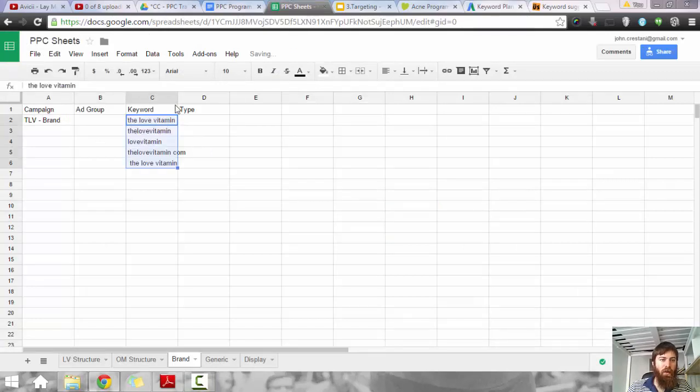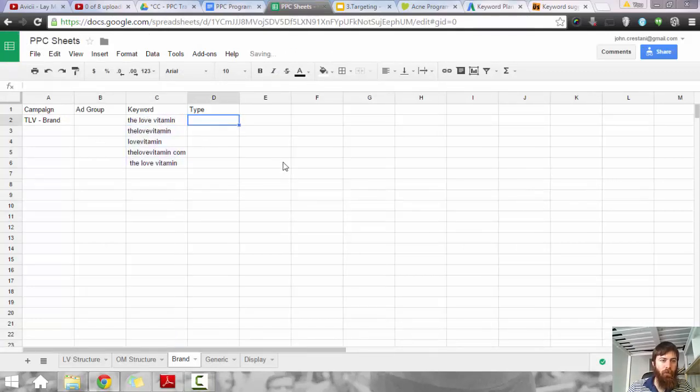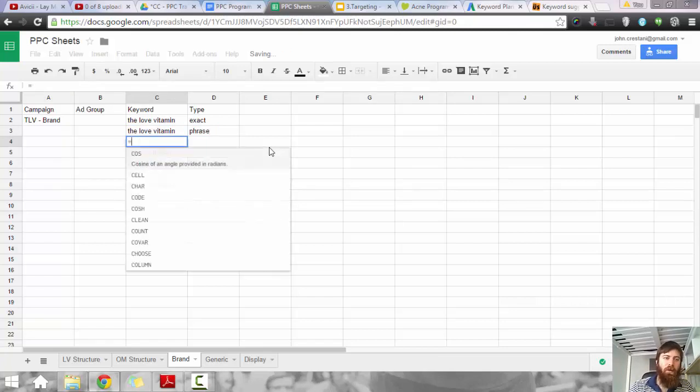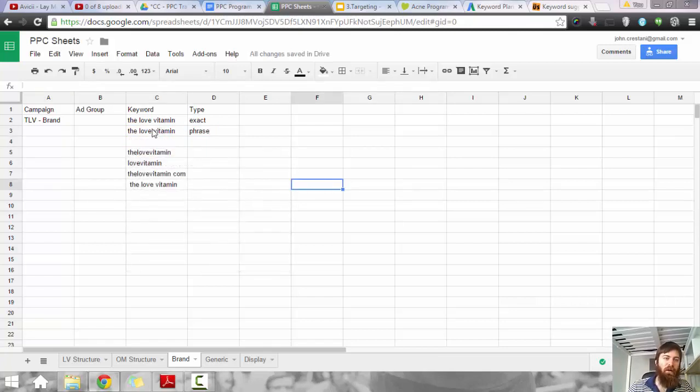So the love vitamin is my main term. So what I'm going to do is put this in. So this is going to be my exact match term. Then I'm also going to have this as my phrase match term. Then this is also going to be, now I do a little formula to put a plus sign in front of everything.